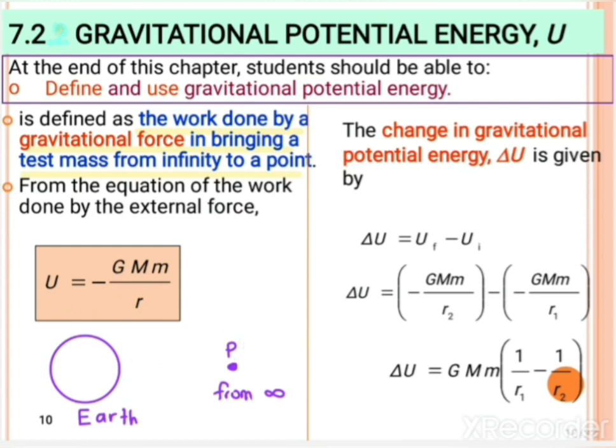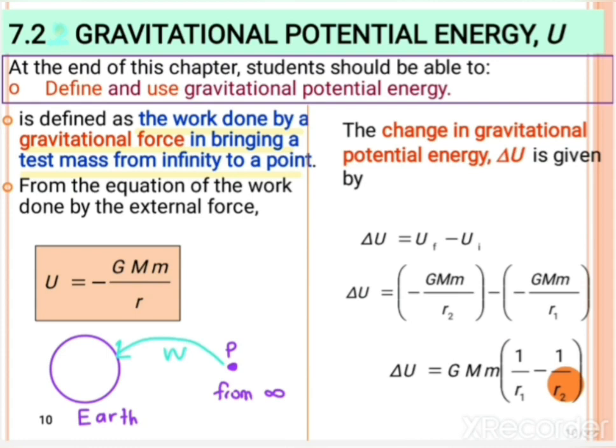The work done to bring a test mass m to the Earth, we call gravitational potential energy. So the formula for gravitational potential energy U equal to negative GMm over R. And gravitational potential energy is a scalar.